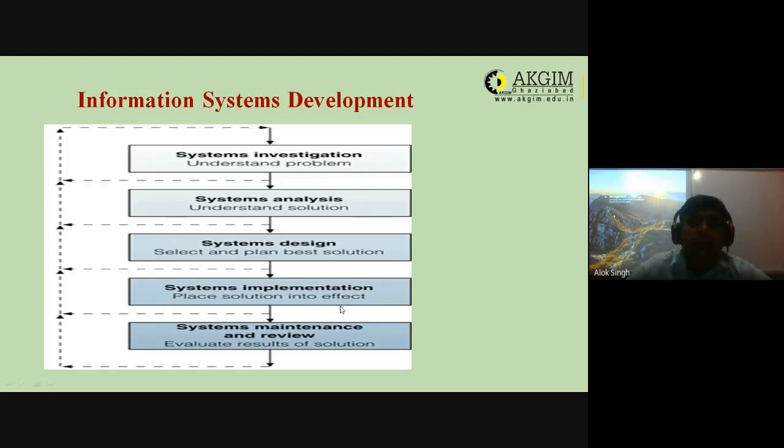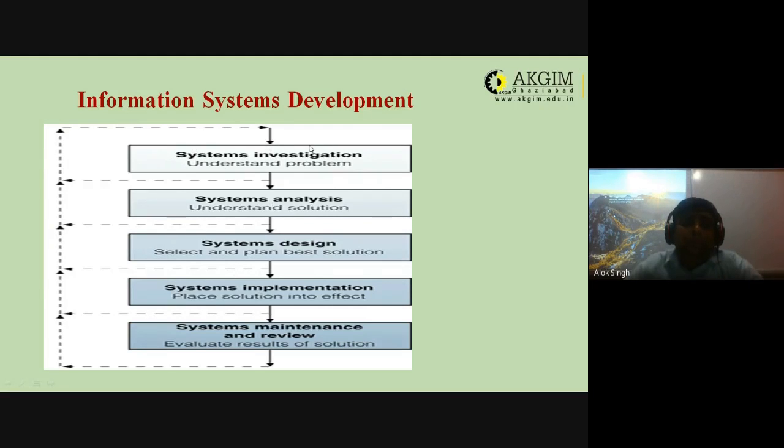Similarly, place solution into effect means you will check whether you are implementing it in the right way or not, and what is the better mechanism to implement it. That you need to continuously check. Similarly, evaluate the result of the solution. So these are the five major steps of information systems development, and this is a closed loop system.